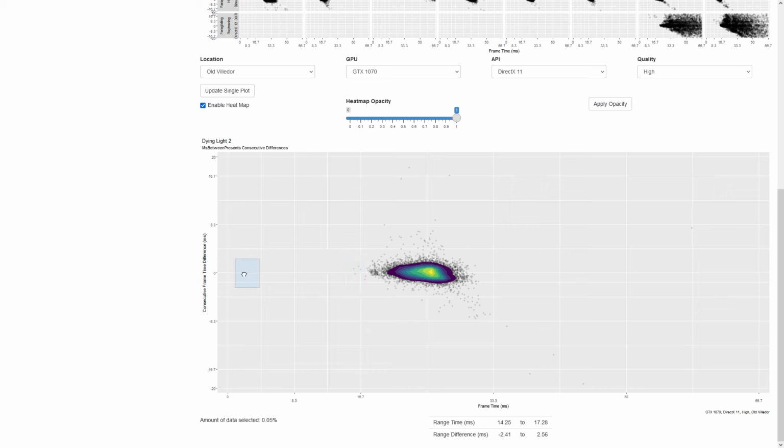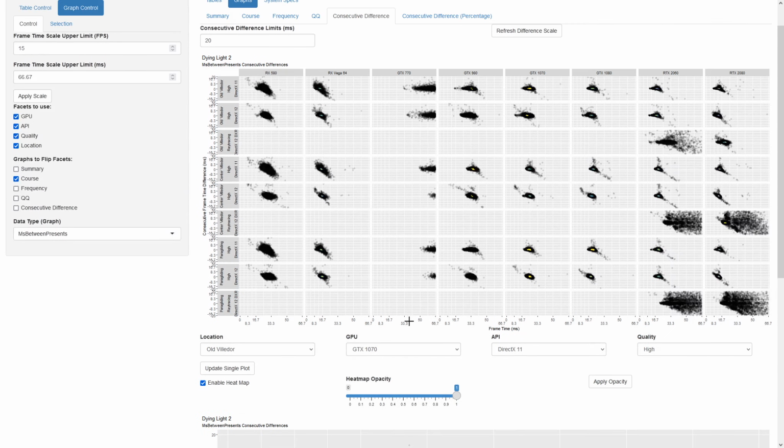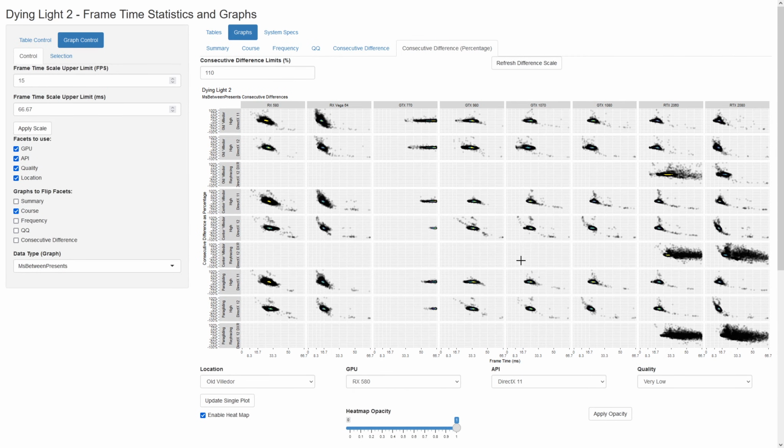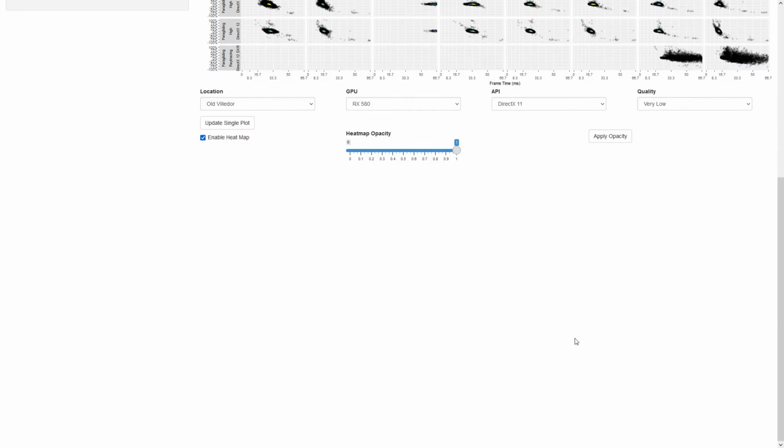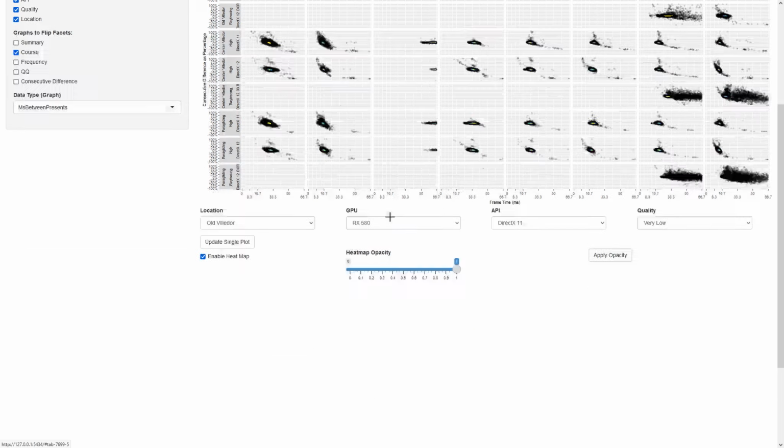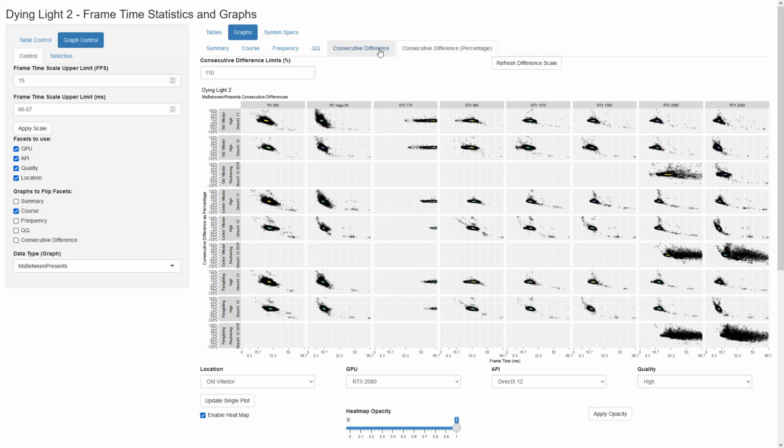The thing is, that range over here is going to have a lot more meaning than over here. Because over here, 2.5 milliseconds when you're at 66 milliseconds, you're not going to notice that. But you will notice it if you're at 8. So that's what this graph is. Actually, was that the one I was even looking at? No. Okay.